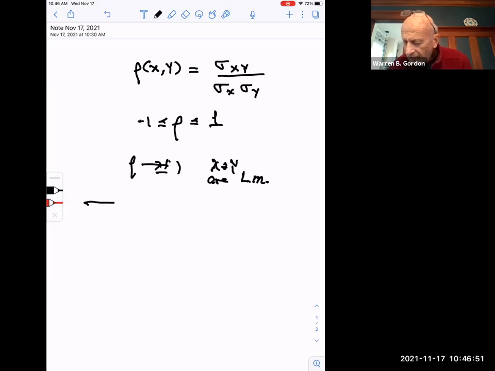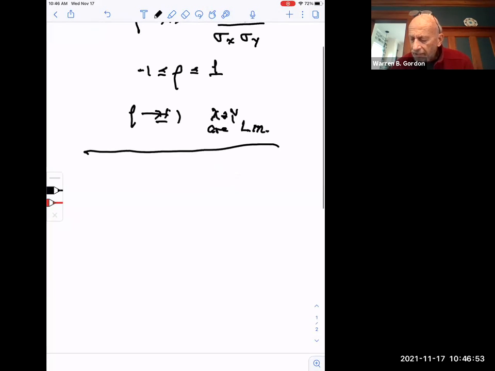Now, in computing rho of xy, it's done the same way. When you want to compute rho of xy, what you have to do first, of course, is compute sigma of xy, which remember was E of xy minus E of x times E of y.